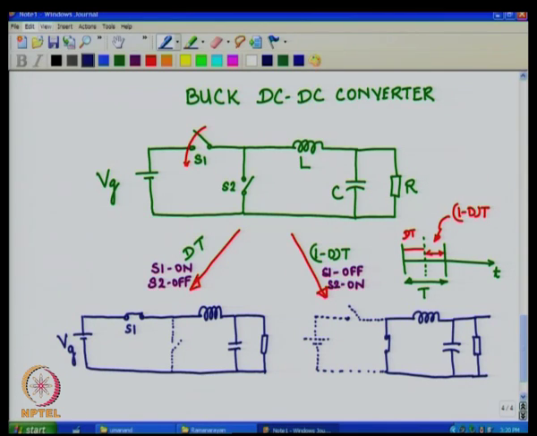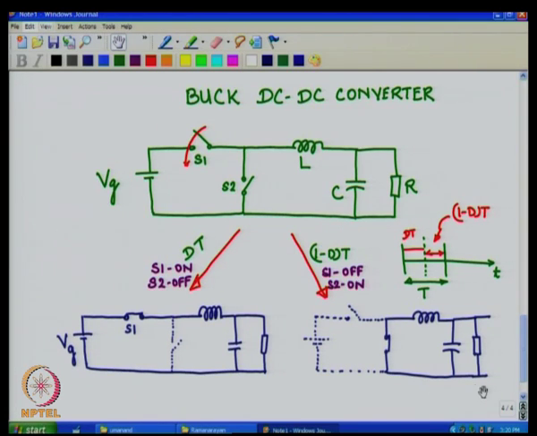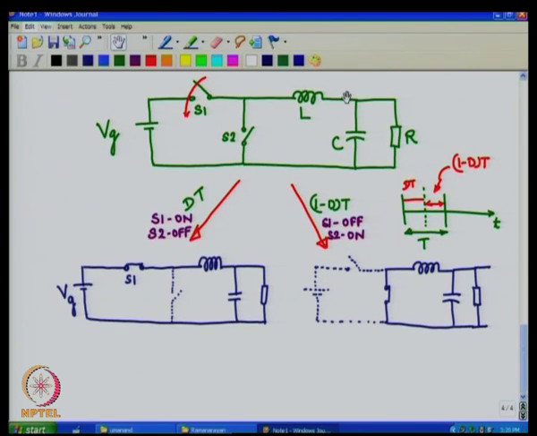Now, you have these two circuits and we need to model them. So, we take the approach that we write down the state equation for this mode of operation of the circuit, then we write down the state equation for this mode, and then we combine the two to arrive at some kind of an averaged state space model for that portion.